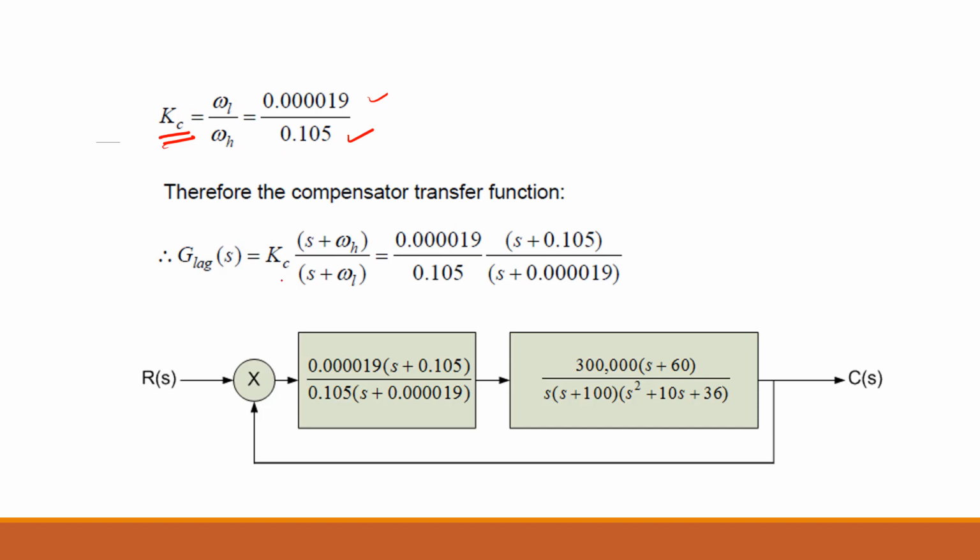So this is the transfer function of the lag compensator. This is what we need to find, or design, for the compensator. So this is the final system of the lag compensator. That's all for the lag compensator. Thank you.